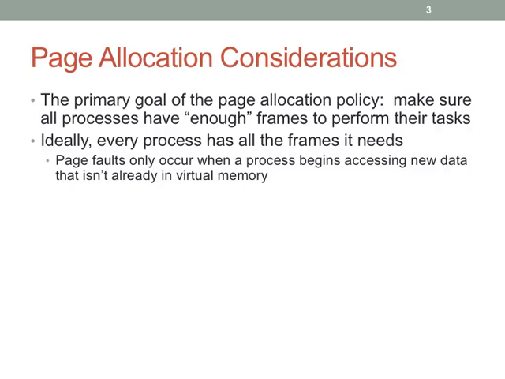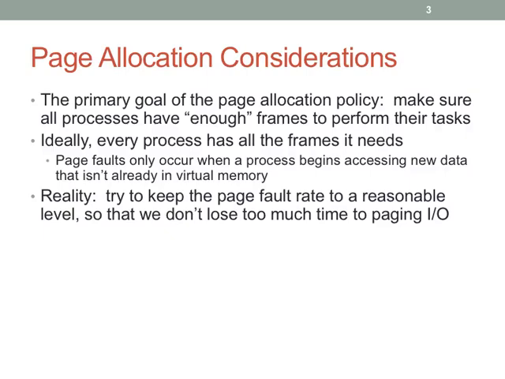That would be beautiful if you had a ton of physical memory. As you ran, you would only incur faults when you actually accessed a new page for the first time. But the reality is not so nice, especially because we'd like to do as much as we can with as little as we can. So we try to keep the page fault rate limited to something that is tolerable.